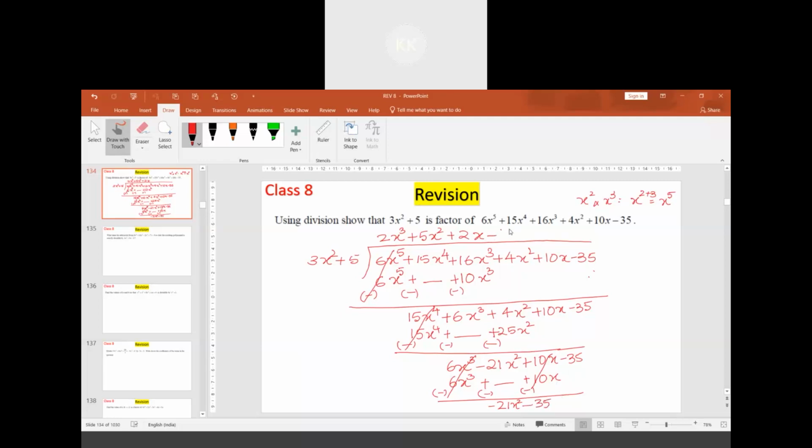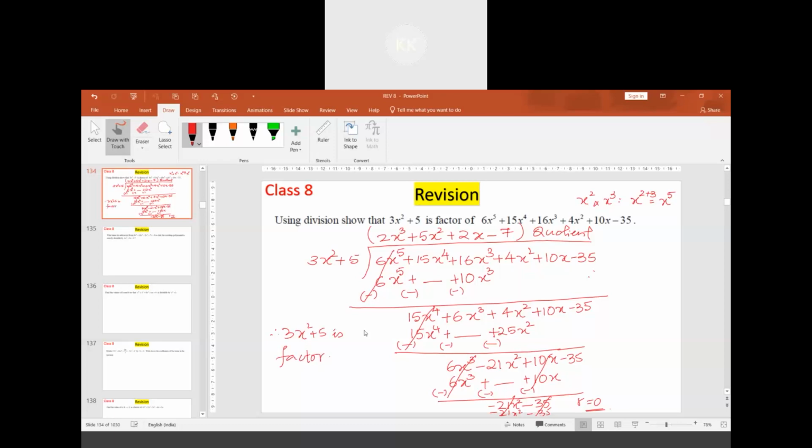If we are multiplying with minus 7, we will be getting minus 21x square minus 35. Now if you change the sign, they get cancelled. This will be the quotient and the remainder will be 0 here. Therefore, we can say that 3x square plus 5 is a factor.